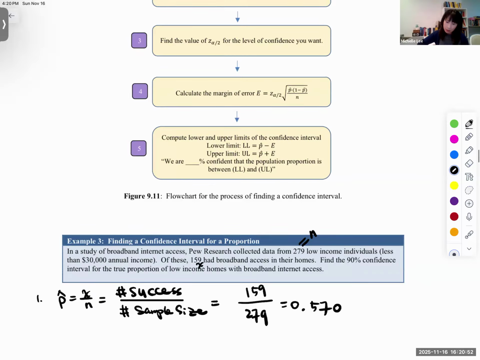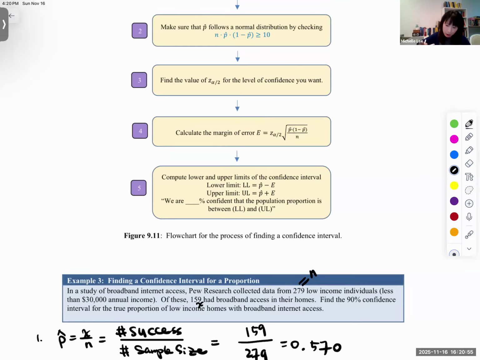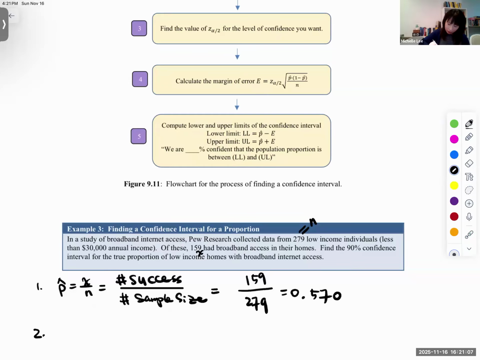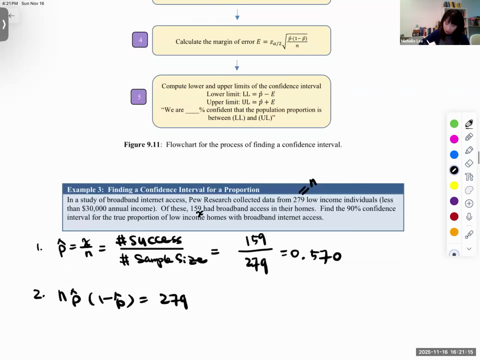0.570. And then we need to check, make sure p hat follows a normal distribution. So n times p hat, n times p hat times 1 minus p hat. Okay, n equals 279.